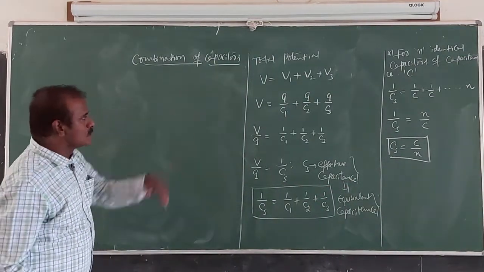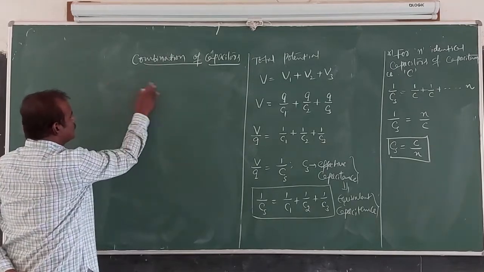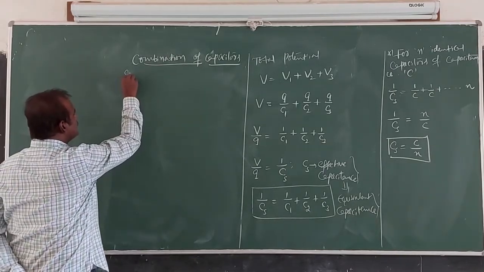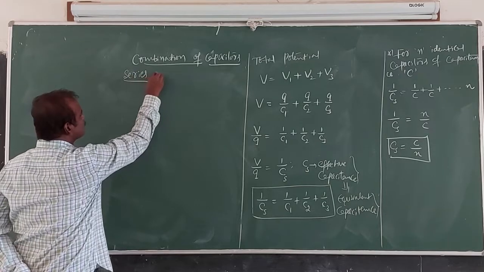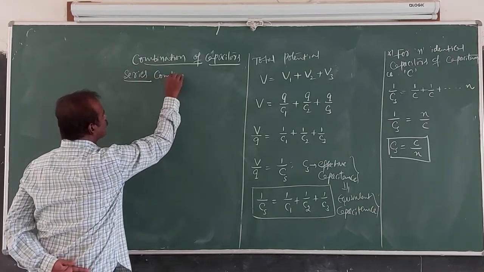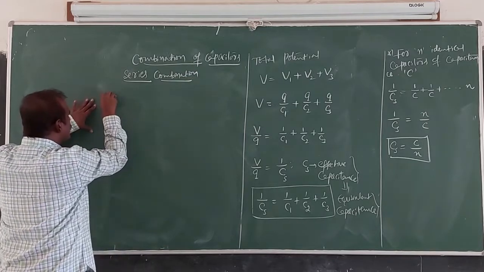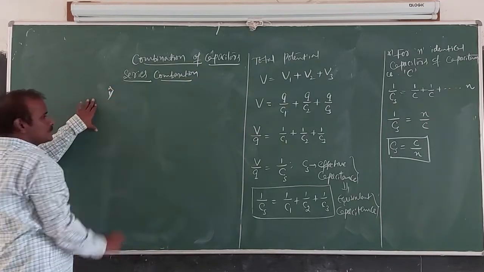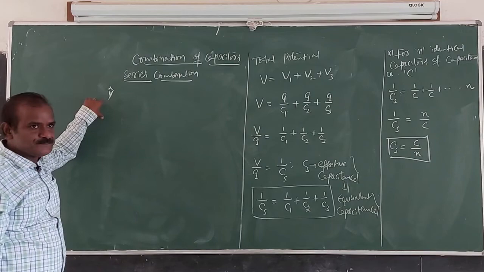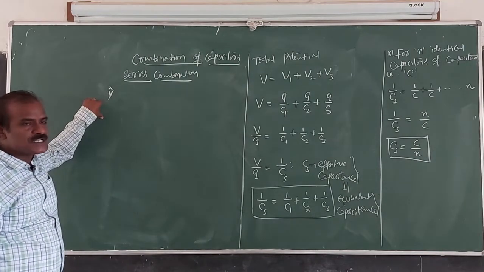Now you can also refer during series combination. Remember, in the series combination, very importantly, what are the important parameters? Let us list out. During series combination, what is same? Charge is same.